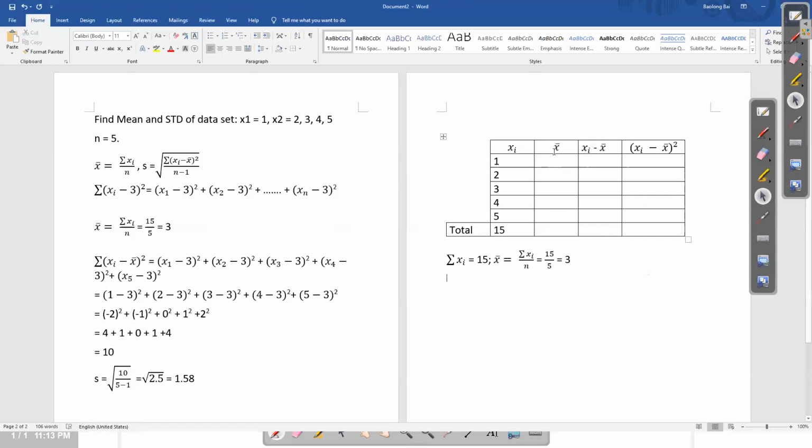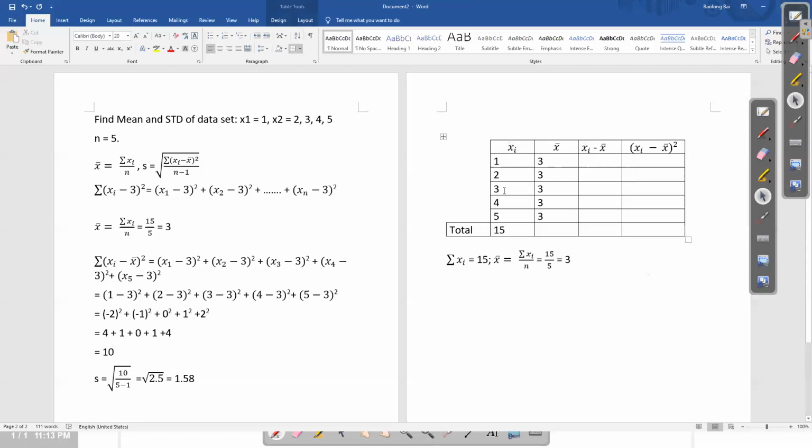So x bar equals 3, then that will be the second column. We need to fill it all the way up to 3, but ignore the column total. You don't need the total here. But if you want it, it'll be 15 as well, right? But we're not interested in this. You don't have to calculate this, right? So the next column is xi minus x bar.